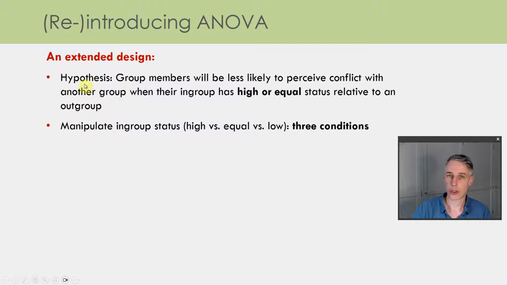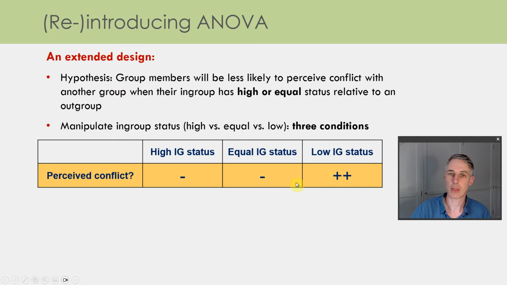So to test this hypothesis, we might operationalize it in a slightly more complex design, where we manipulate group status, but this time to have 3 conditions rather than 2. So we've got a high and a low status condition as before, but now we also have an equal status condition. Schematically, we can represent it as follows. Our dependent variable is going to be higher, we predict, in this condition compared to the other 2 conditions.